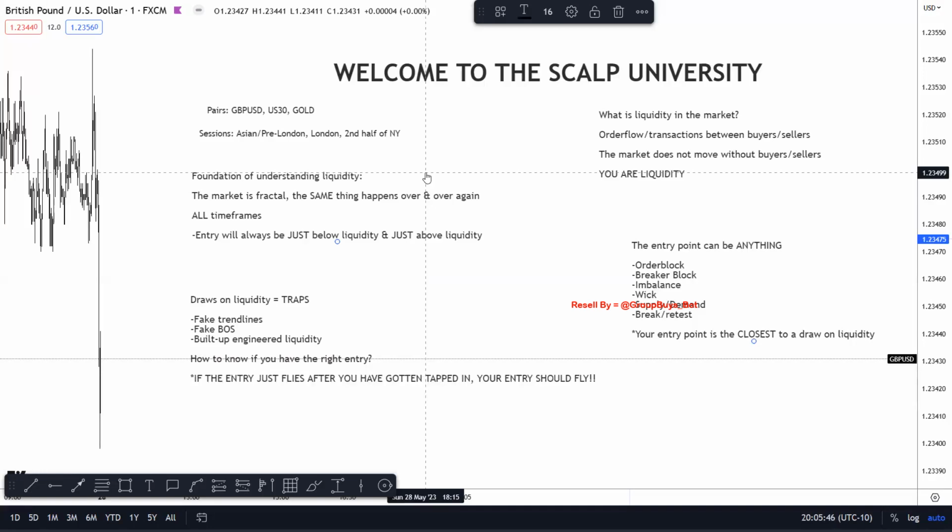If you trade zones or basic supply and demand, it's okay as well, because your entry points could also be called your supply and demand areas. Or if you trade break and retest, a lot of breakout traders, your entries can literally be anything.